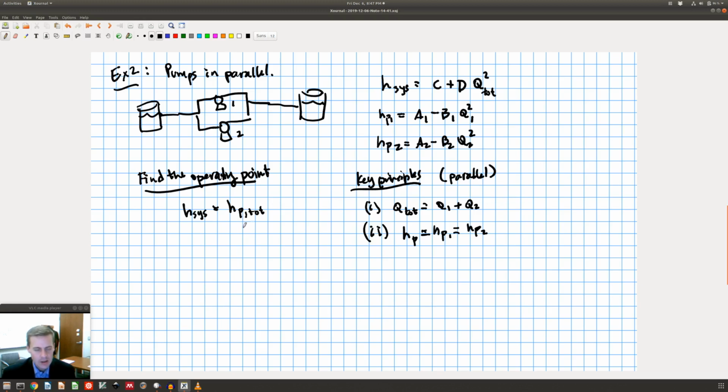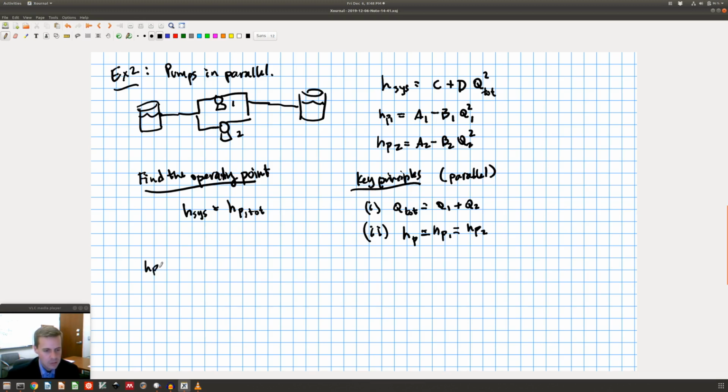So how am I going to equate this? I need to find what HP is, and I have to find what Q is. Let me invert these to find Q1 and Q2, and then I will sum them, and that will tell me what Q total is. So let me do that first.